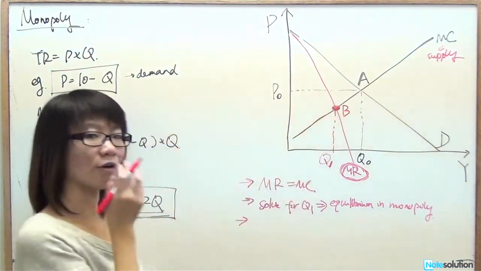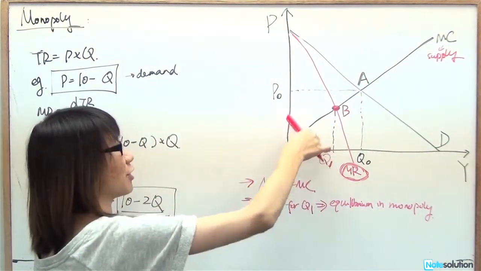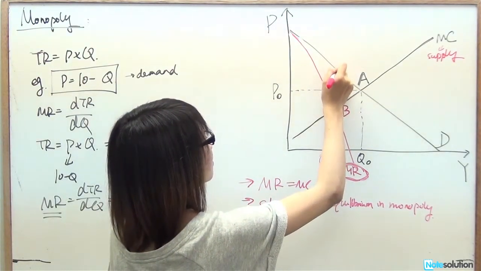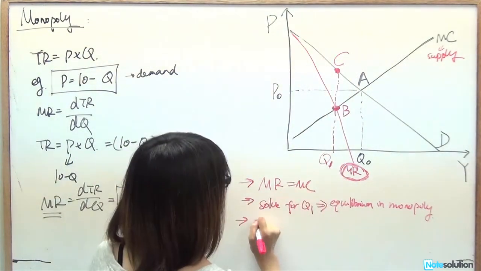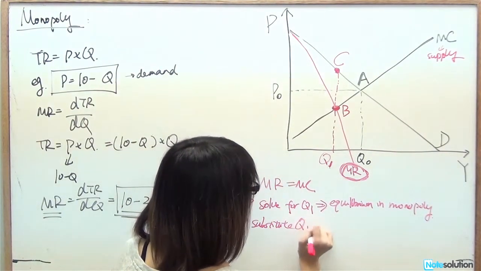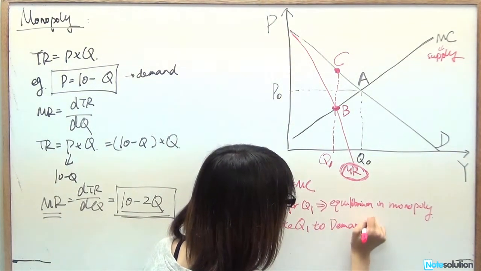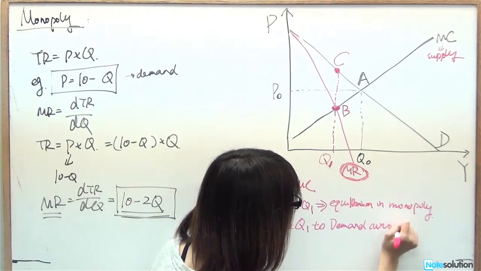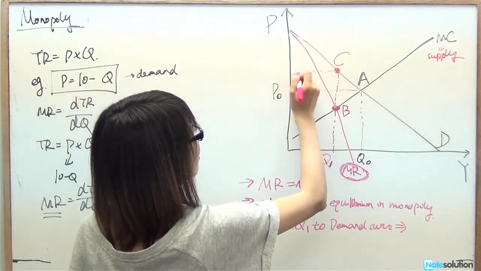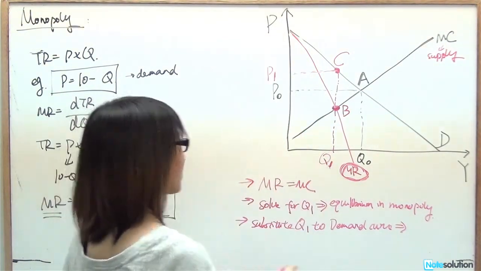But if we want to calculate the equilibrium price, we don't use the MC curve, we use the demand curve. So if we substitute Q1 into the demand curve, we calculate the corresponding price for point C, P1.